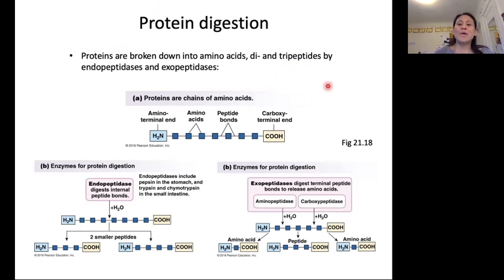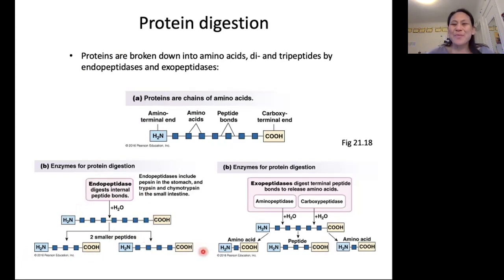They're broken down by enzymes called peptidases, and we have two main types of peptidases. We have what are called endopeptidases, which cleave a polypeptide chain in the middle of the chain, right? So here's an example. We have this chain here. We are cutting right in the middle there, and then we end up with two shorter chains.